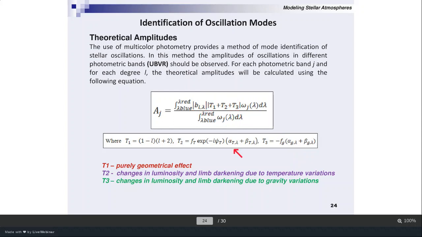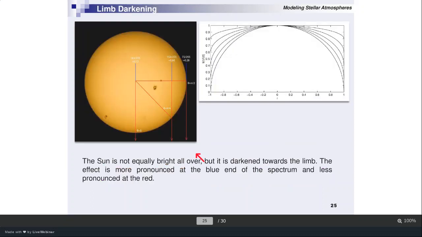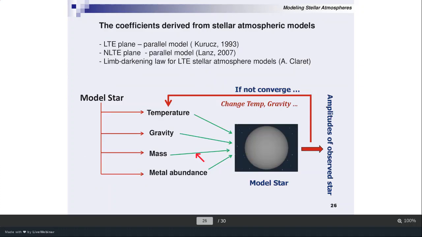I don't want to show all this in this short presentation, but you can find the theoretical amplitude determination in the literature. Once you do the theoretical amplitude calculation, you can compare it with the observation.